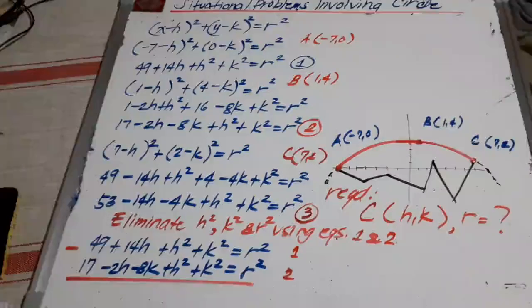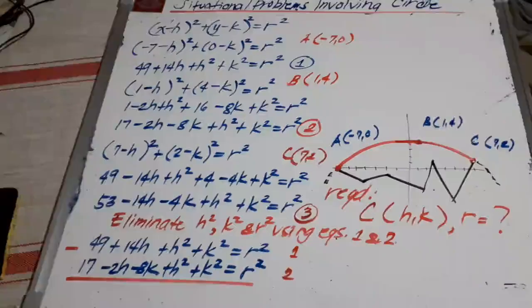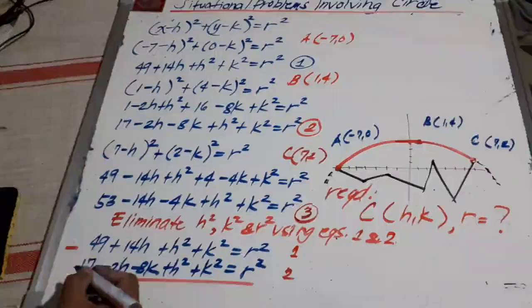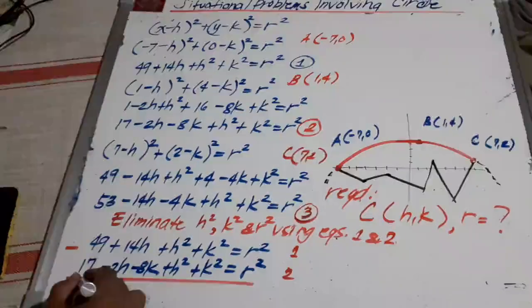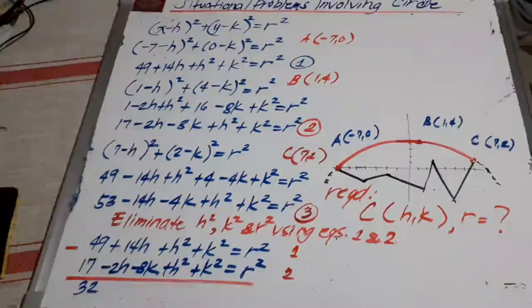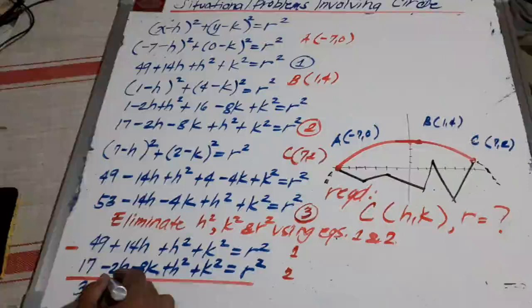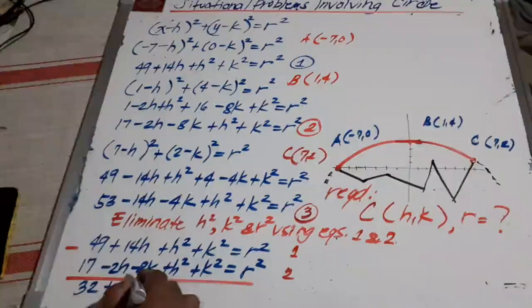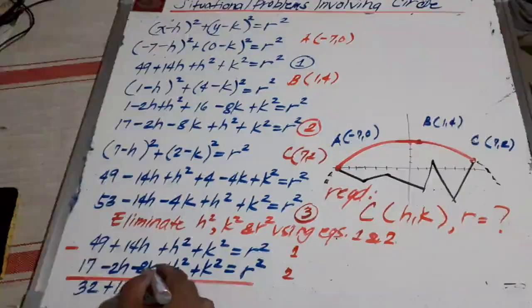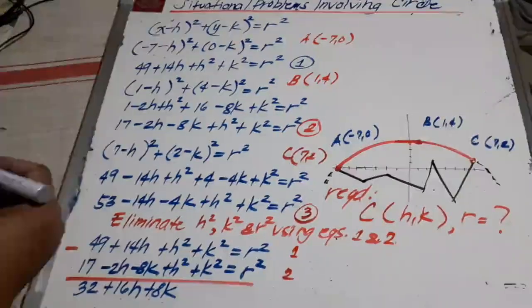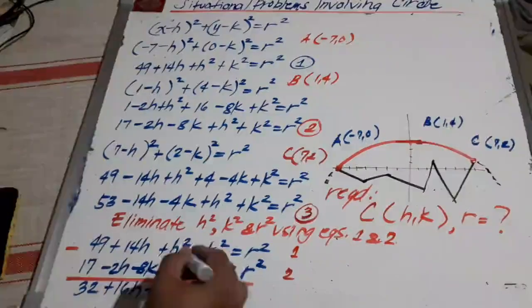So that is 49 minus 17, that will be 32. 14h minus negative 2h will become positive, so 16h. Bring down, negative 8k will become positive 8k. And then, eliminated na yung ito.